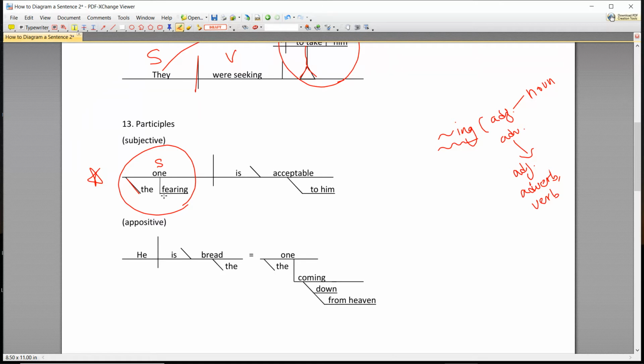So when you have a participle like this, you will add a vertical line below the baseline, and then you will draw another line that's parallel to the baseline, and then put the participle on the line, right? The one fearing.